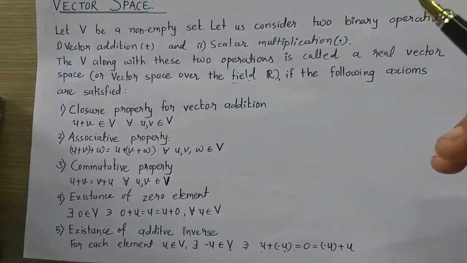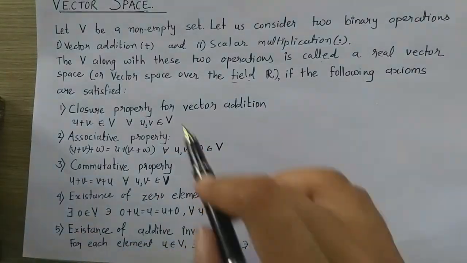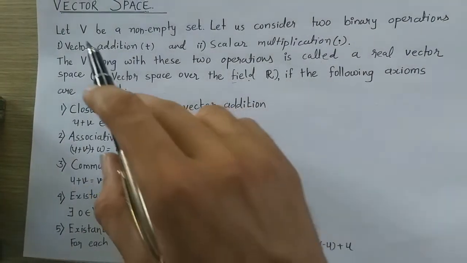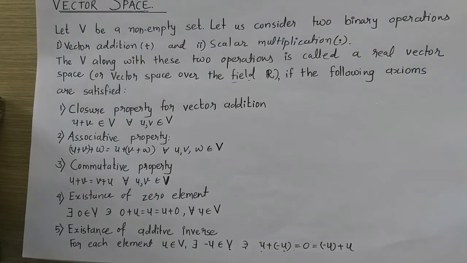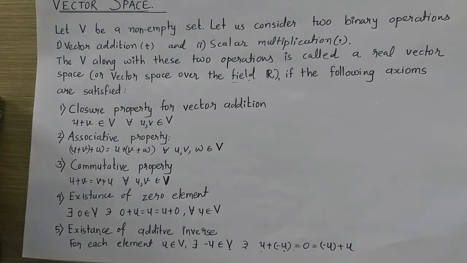Now the next five properties are for scalar multiplication. Now these five properties show that (V, plus) is a group with binary operation vector addition, an abelian group.